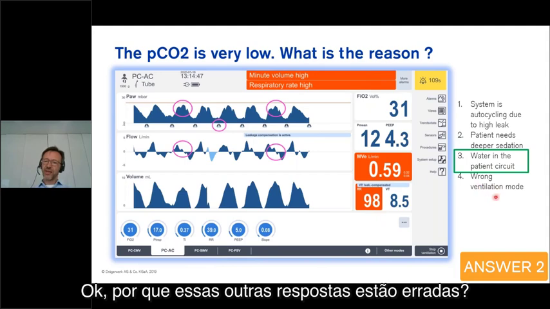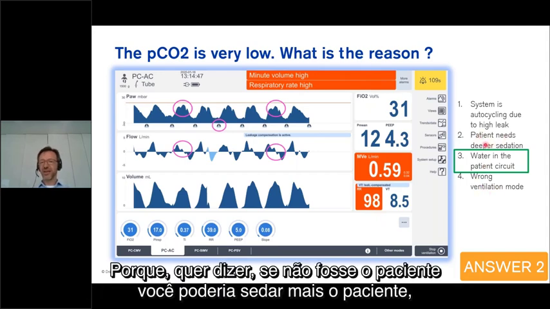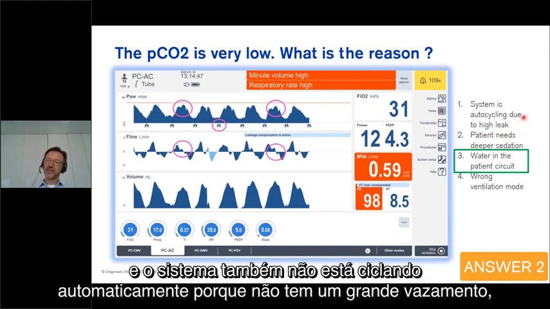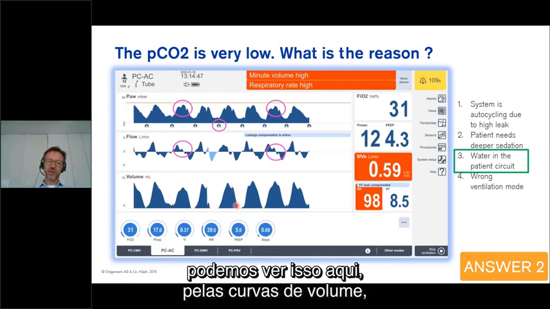Okay, why are the other answers wrong? I mean, if it's not the patient, you could sedate the patient more, but this will not change the situation here because it's not the patient who is triggering the ventilator. And the system is also not auto-cycling because there is not really a big leak. We can see this here from the volume curves.